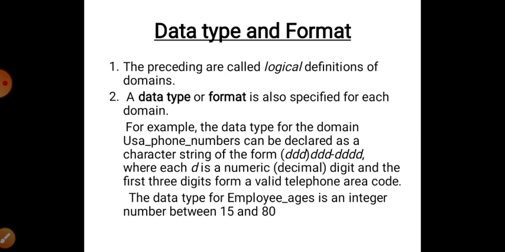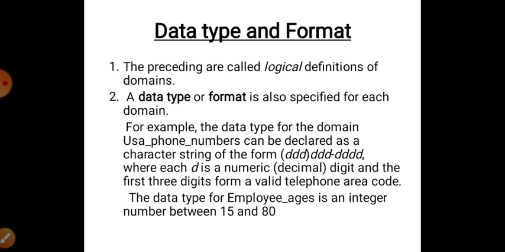Data type and format. Point number 1. The preceding are called logical definitions of domains. Point number 2. A data type or format is also specified for each domain.